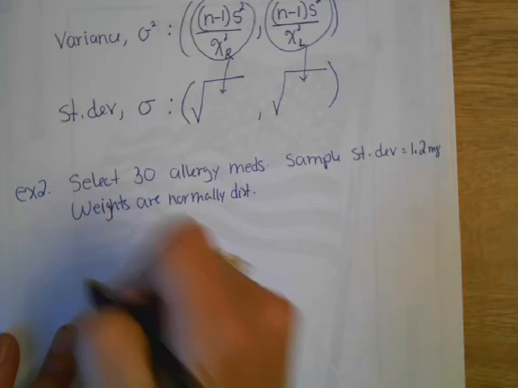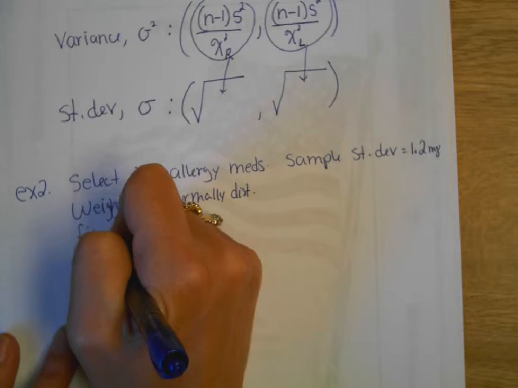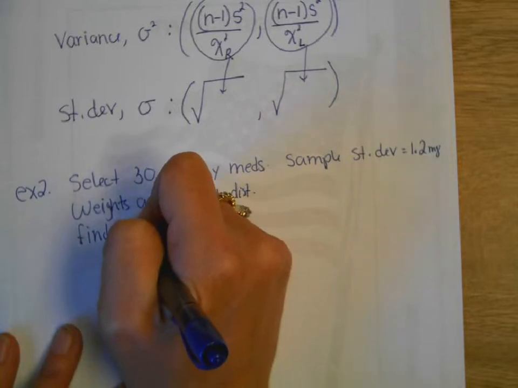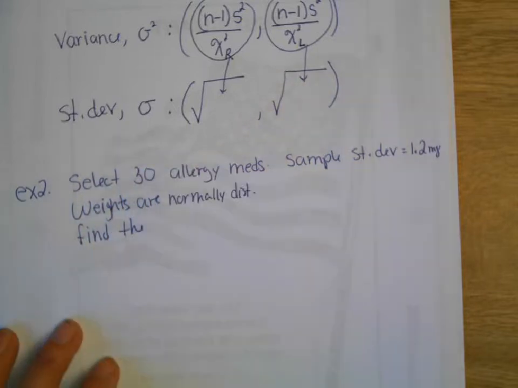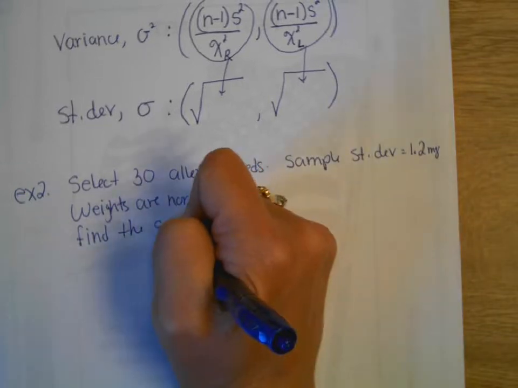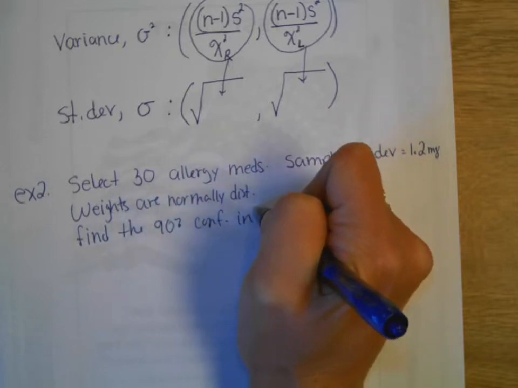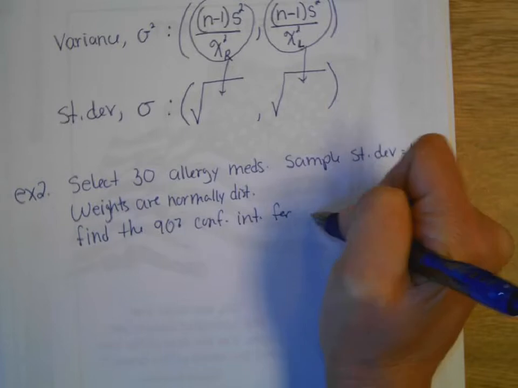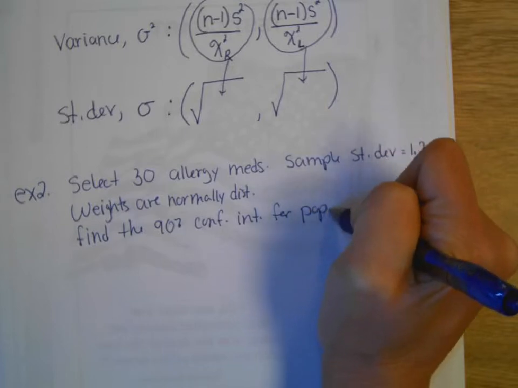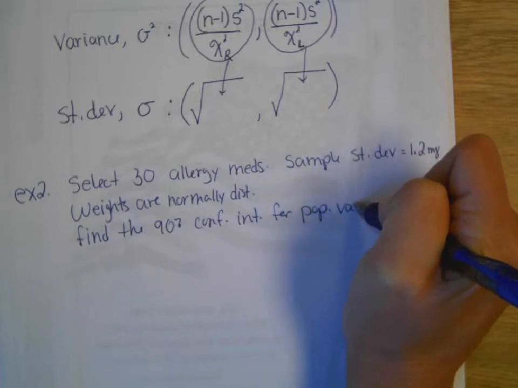We want to find the 90% confidence interval for population variance.